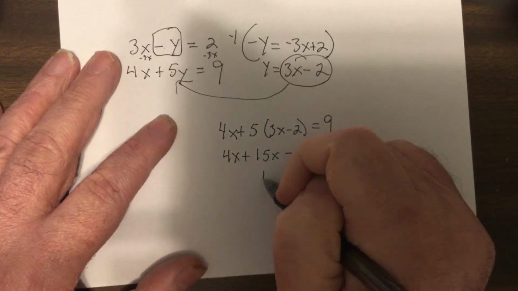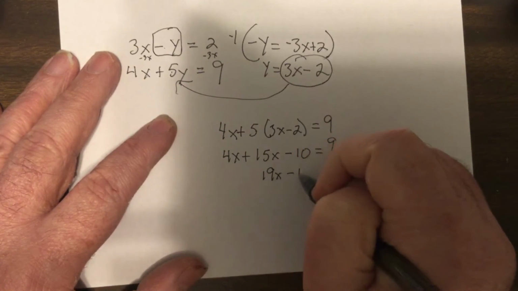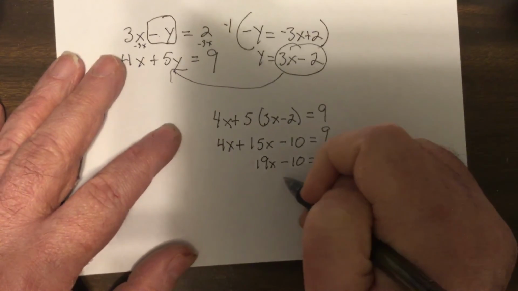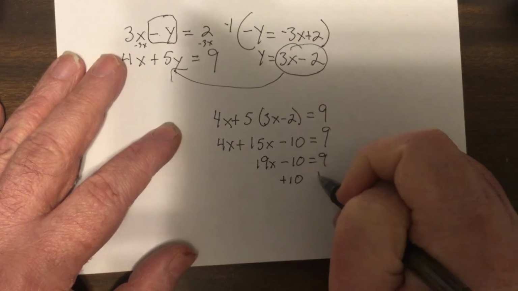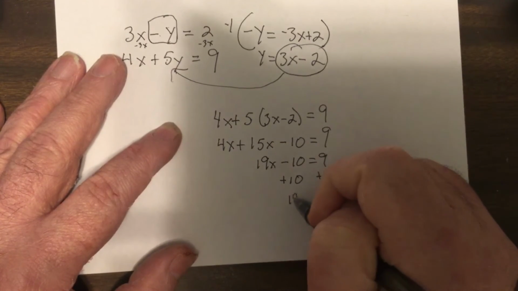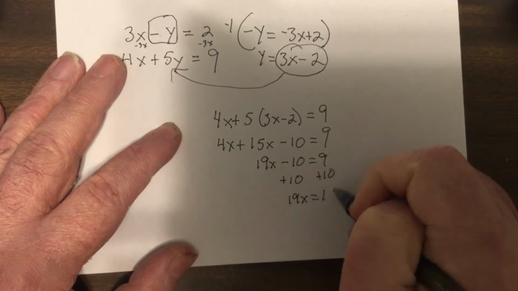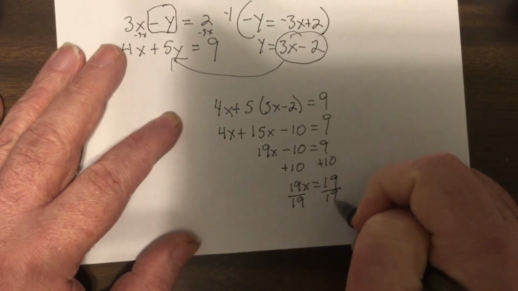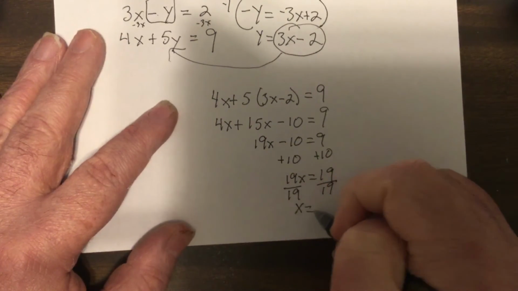So 19x minus 10 equals 9. So add 10. 19x equals 19. Divide by 19. X equals 1.